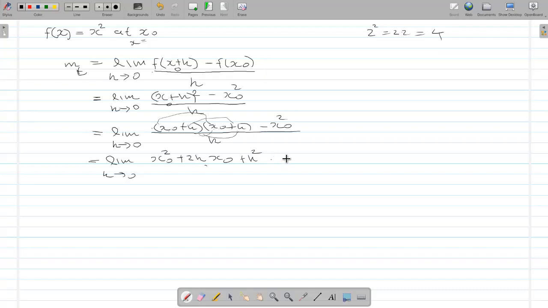So here we have x naught squared, everything divided by h, and this x naught squared gets cancelled out.